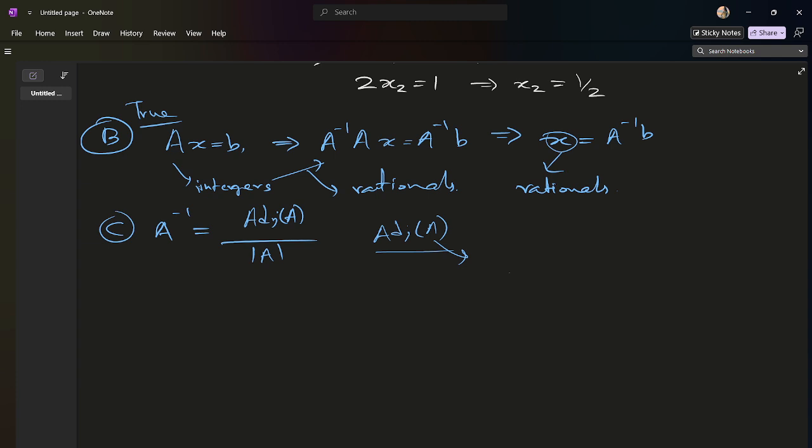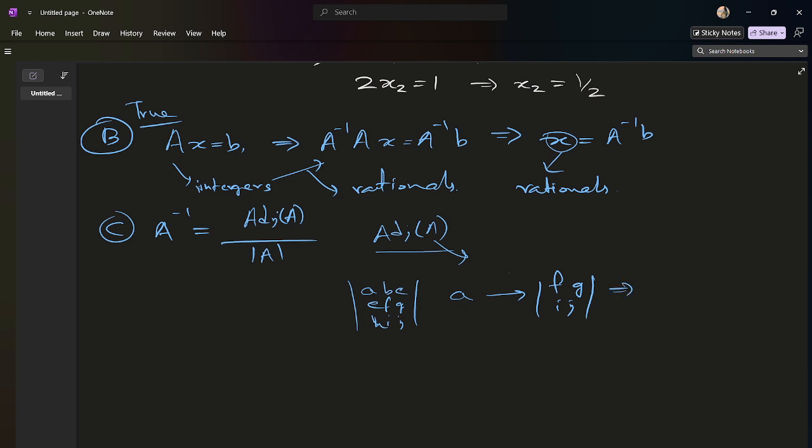So what are the cofactors? Let this be a 3 by 3 matrix: A, B, C, E, F, G and H, I, J. Then the cofactor of A will be the determinant of F, G, I and J. As F, G, I, J are all integers, the determinant will also be an integer.